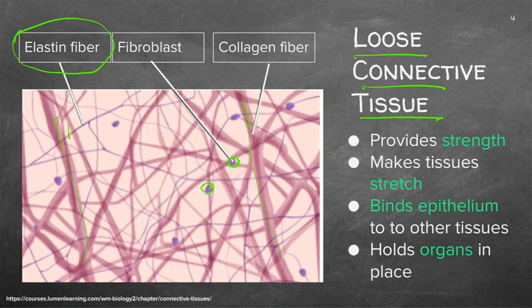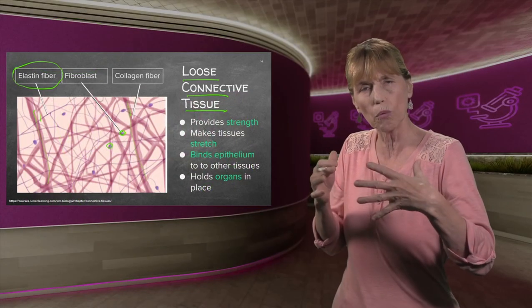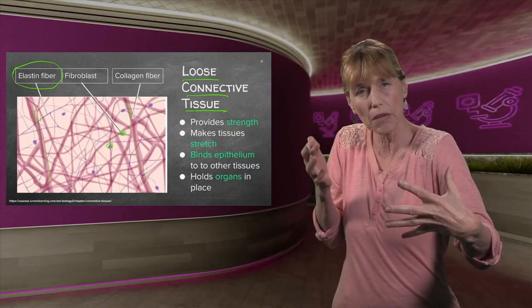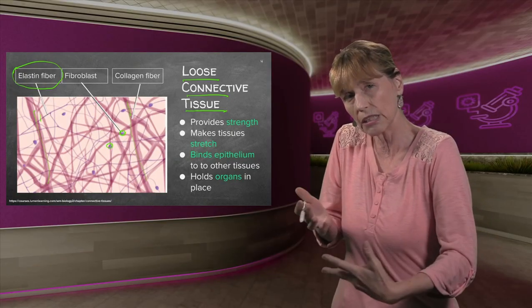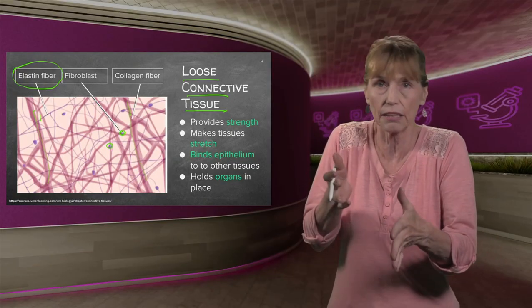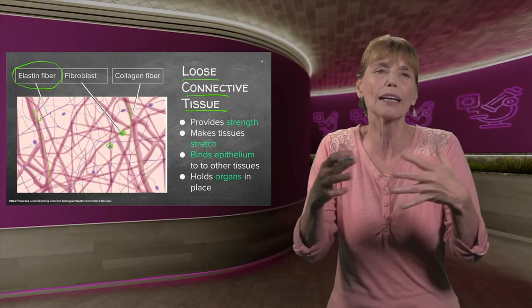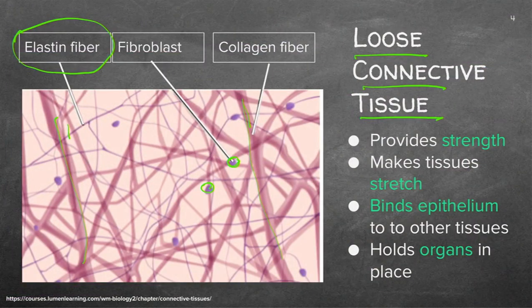Now, collagen is what little babies and young people have. It's all puffed up, and as you get older like me, the collagen fibers start disappearing, and all you have is elastin fibers and no nice puffiness. Now, the collagen fiber plus the fibroblast and the elastin fiber is what actually puffs up the skin.